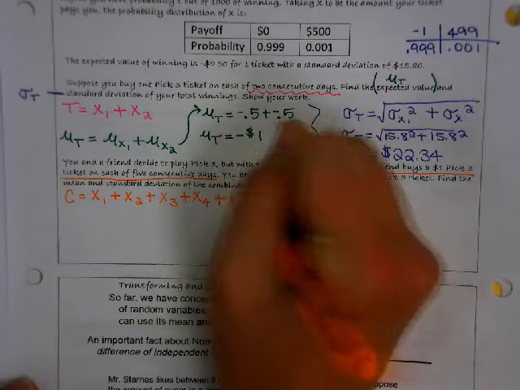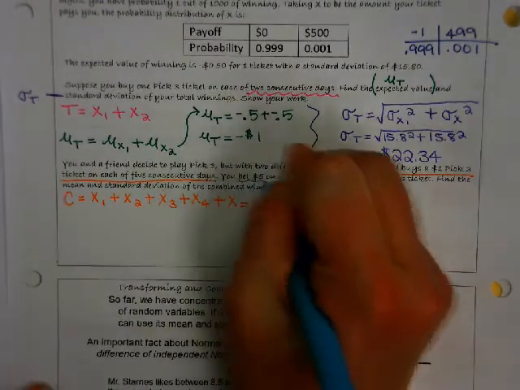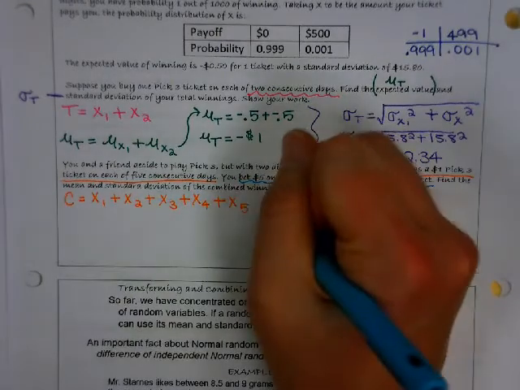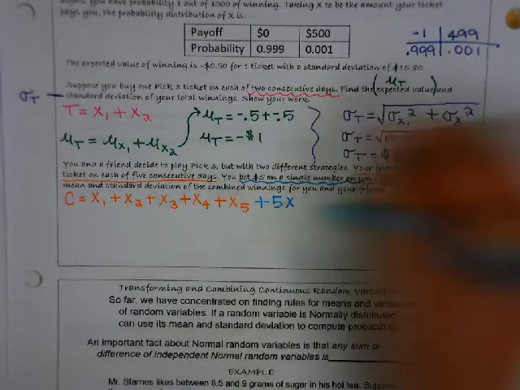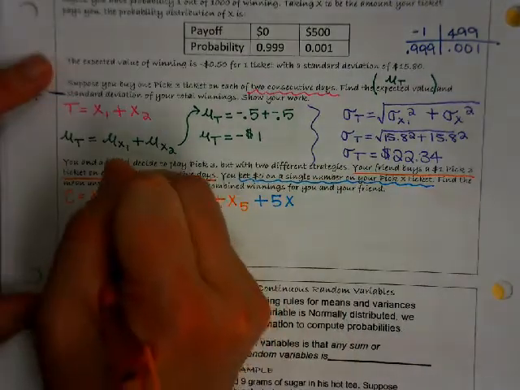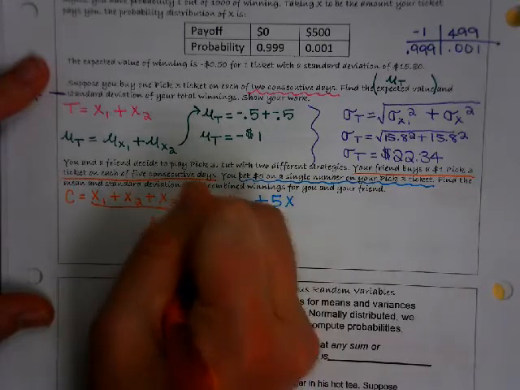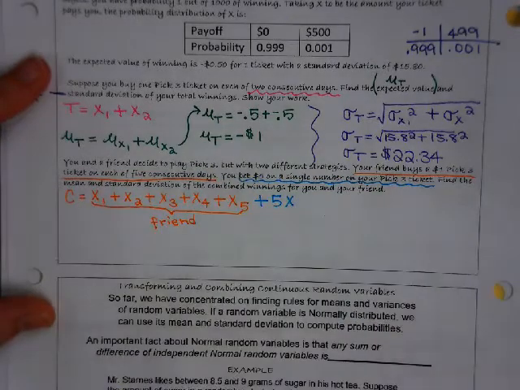And then you decide that you're just going to bet $5 on a single ticket. So these represent your friend, 5 days in a row, and then you are just taking one ticket and doing 5 times as much.